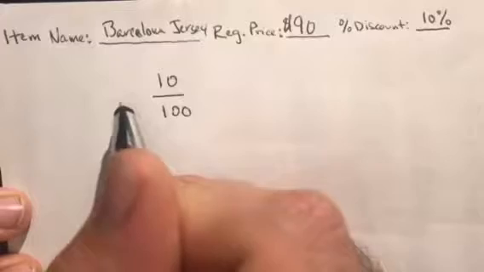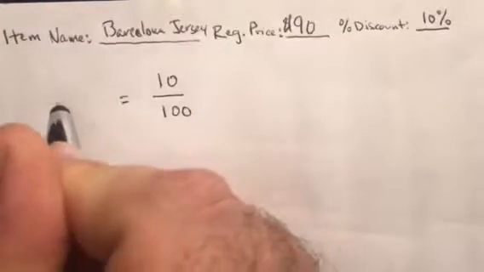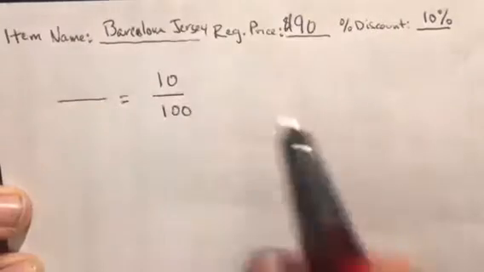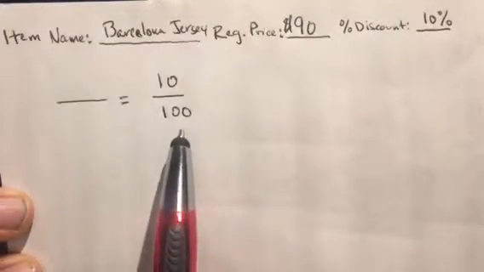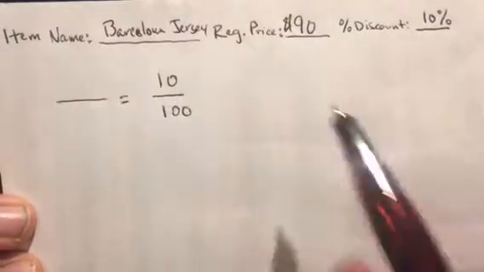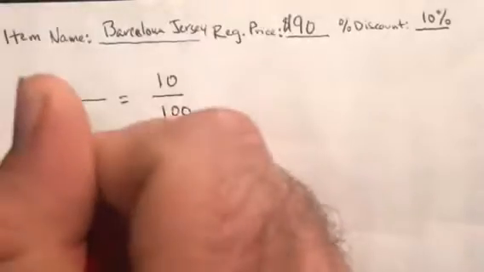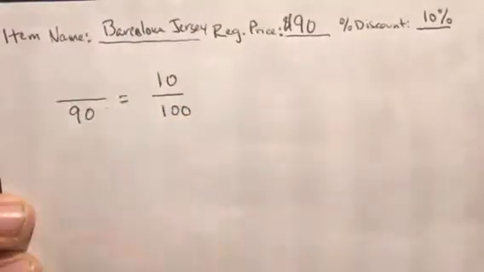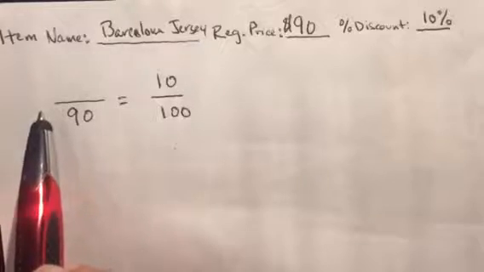I know the total cost of my jersey is $90. $90 represents 100% of the total cost right now. I need to figure out what 10% of that it's going to be. So if $90 is my total cost, I put it down here in the total, right? Up here represents 10%, which is what I'm figuring out.